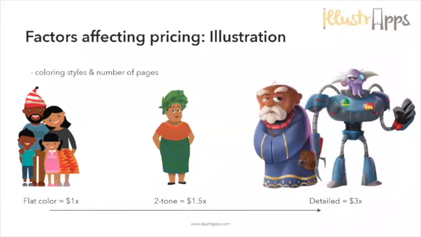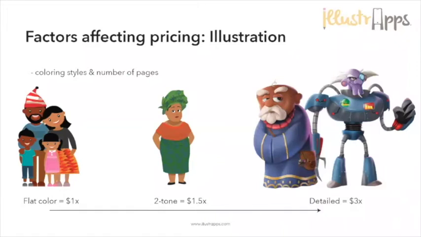And for illustration, the two factors that you should be aware of are the coloring style and the number of pages. Now, for coloring style, I have illustrated with 3 examples. The first one on the left is a flat color, so it's basically one color for each of the characters.